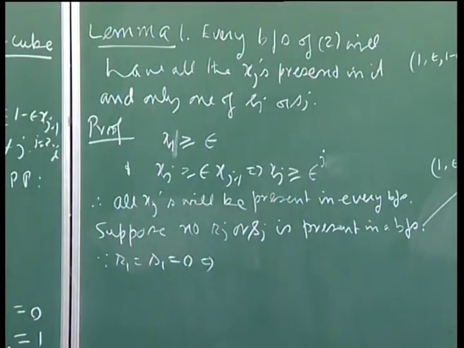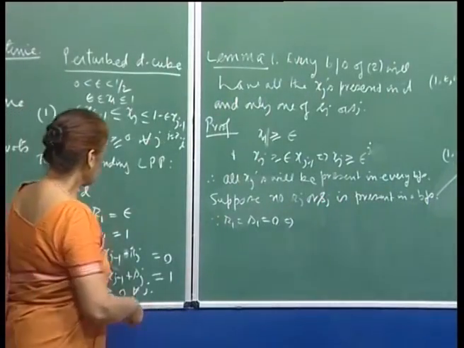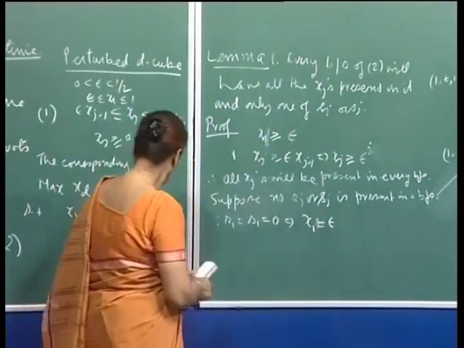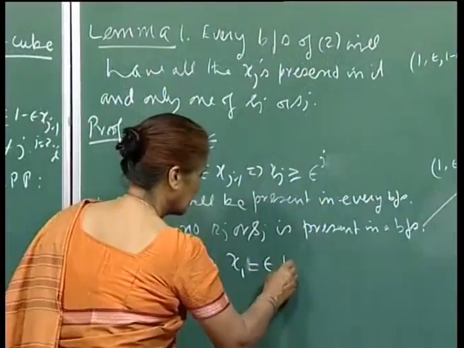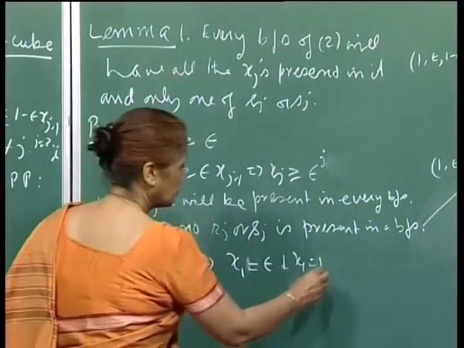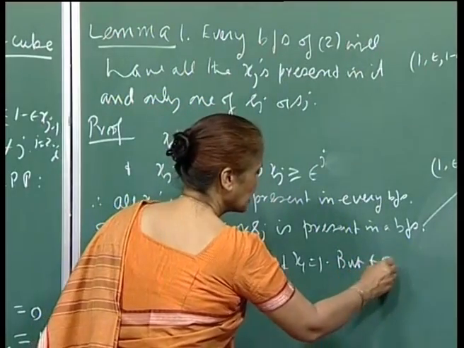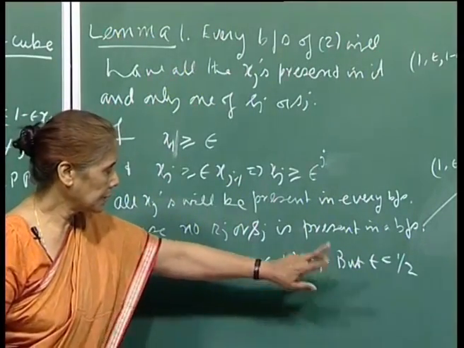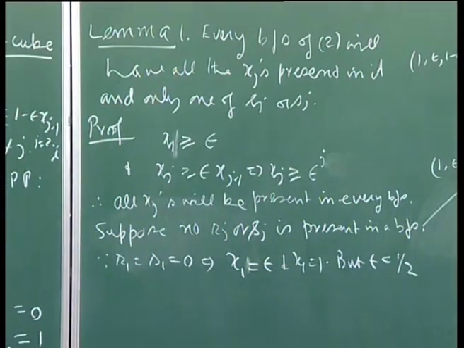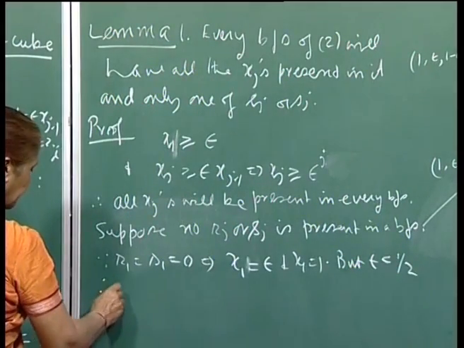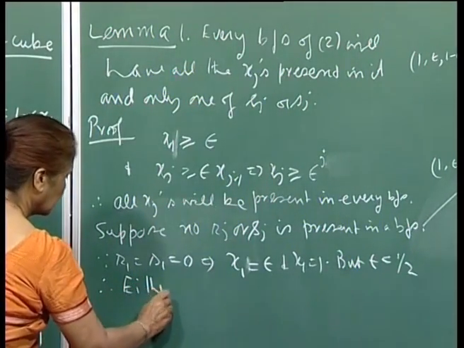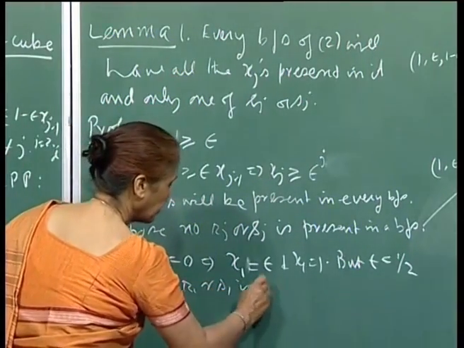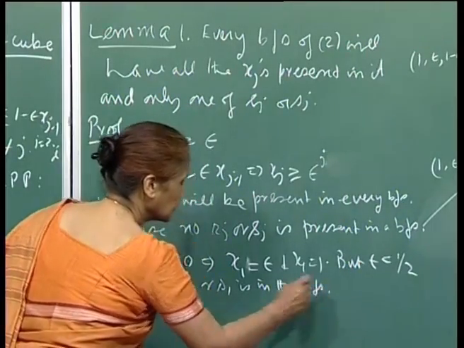This implies from the first 2 constraints that x1 is equal to epsilon, and x1 is equal to 1, but epsilon is less than half. Therefore it is not possible, because epsilon cannot be equal to 1. So this is not possible, right. So therefore either R1 or S1 is in the basic feasible solution, right.